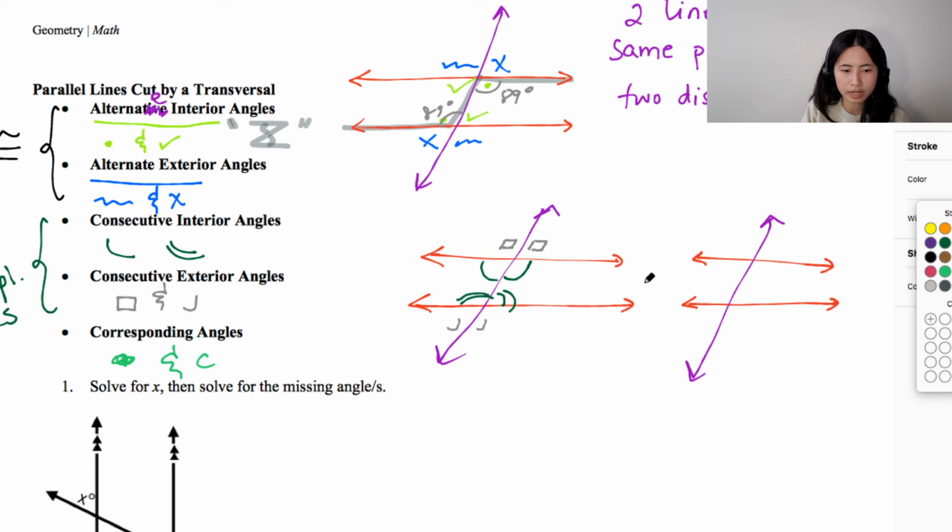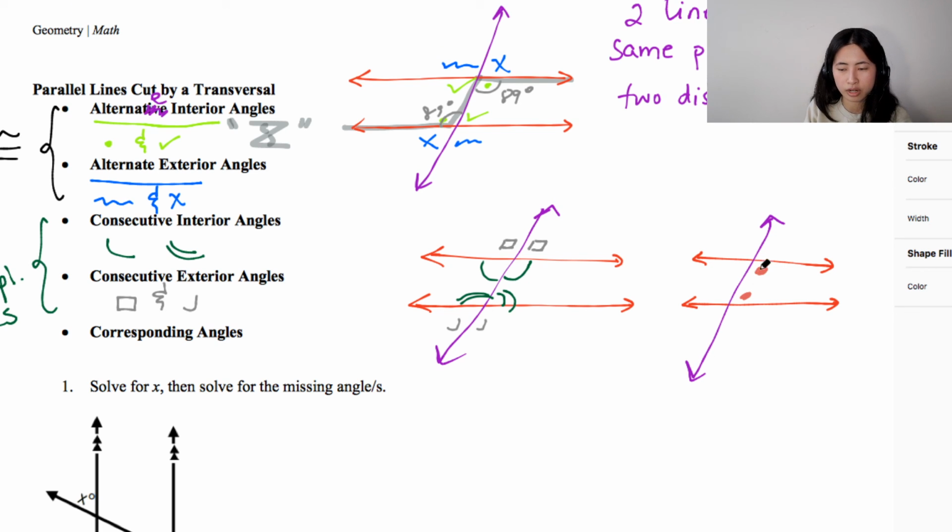Okay, so for corresponding angles, here's the thing. It could be interior and it could be a mix of exterior. So earlier we said that this over here and let's say this, they're still considered corresponding because they're on the same side.